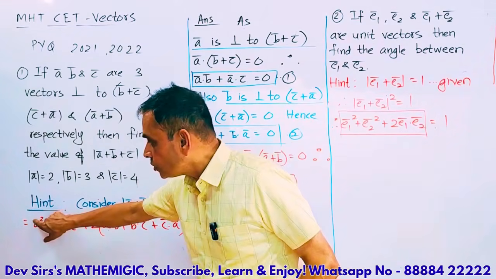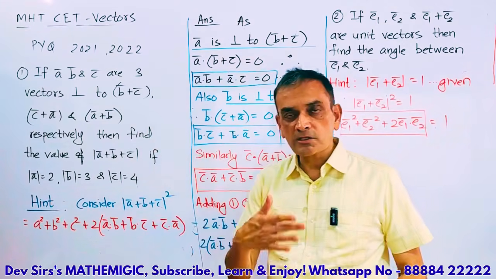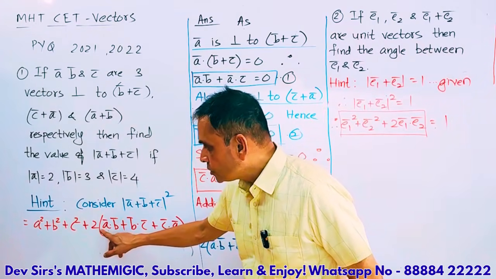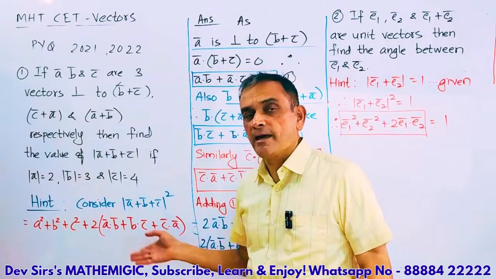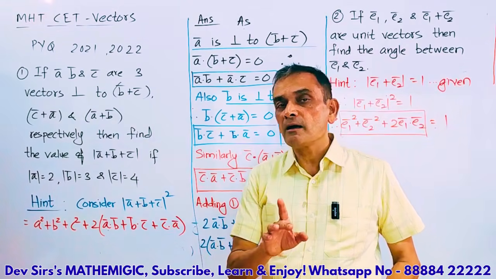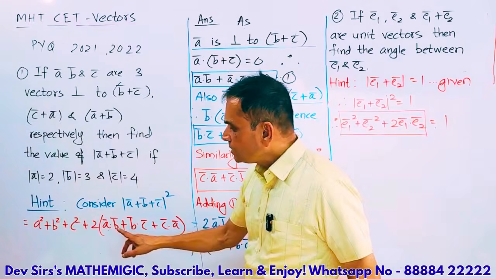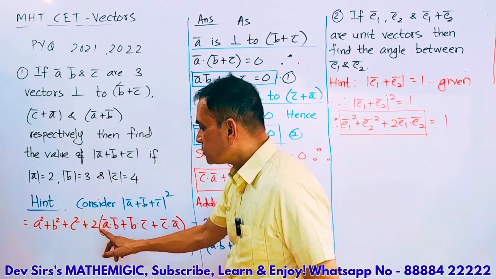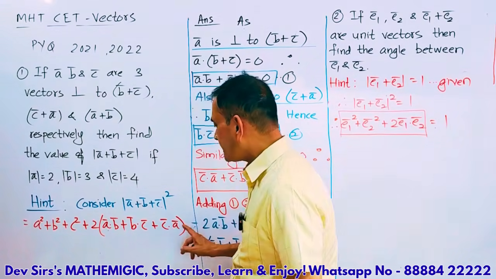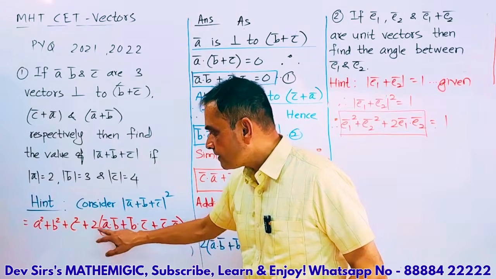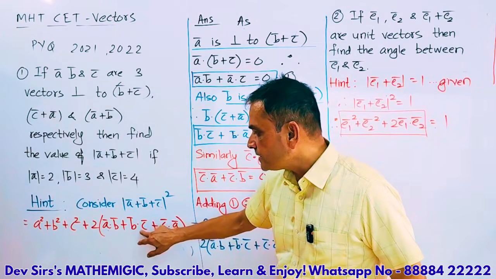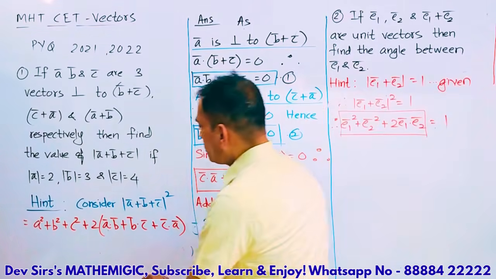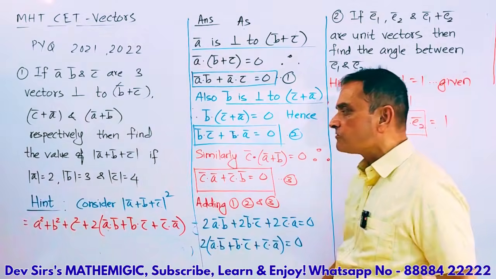Don't indicate vectors here because it gets converted into magnitude, plus 2AB plus 2BC plus 2CA, similar to the earlier one, except that you have 2A dot B, not 2AB, 2A dot B plus 2B dot C plus 2C dot A. If you take 2 common, A dot B plus B dot C plus C dot A. So this is the formula for magnitude of A bar plus B bar plus C bar bracket squared.